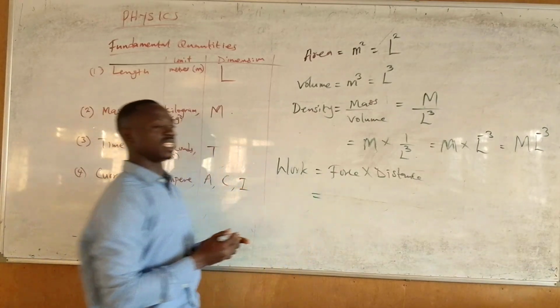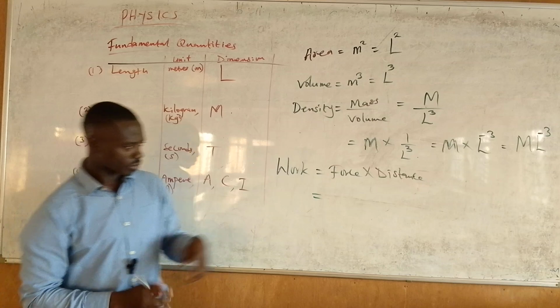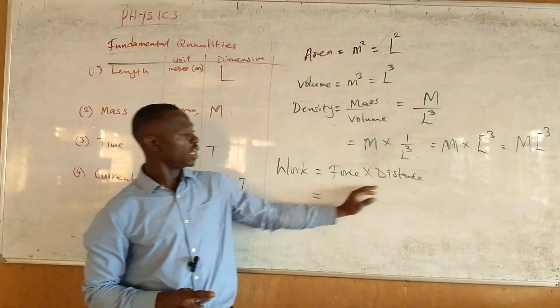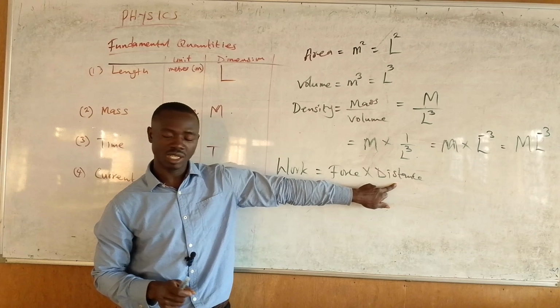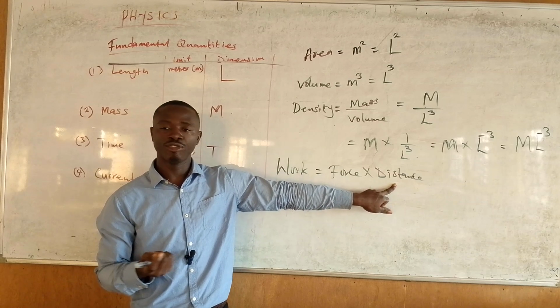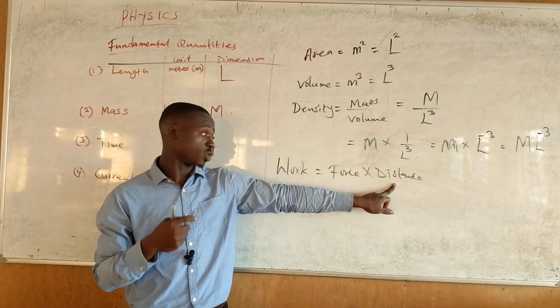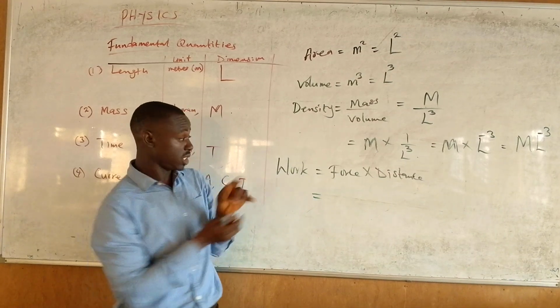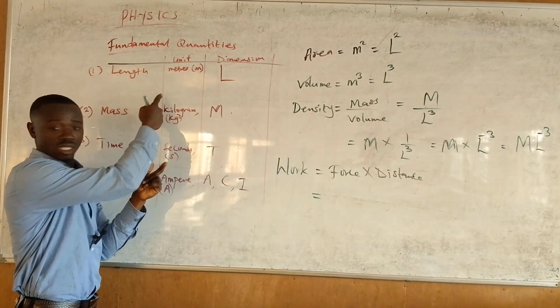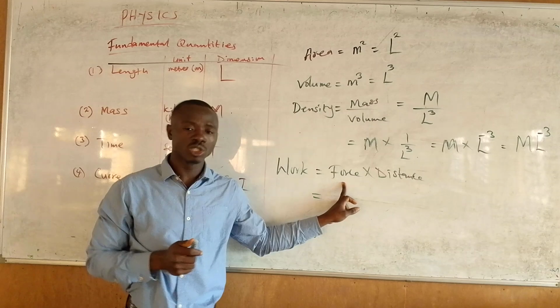Now, force and distance. If you check very well, the only quantity between force and distance that is already a fundamental quantity is distance. So we will not have much problem with distance because distance is the same thing as length. But force is not fundamental.